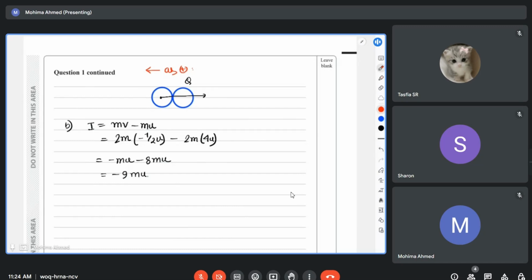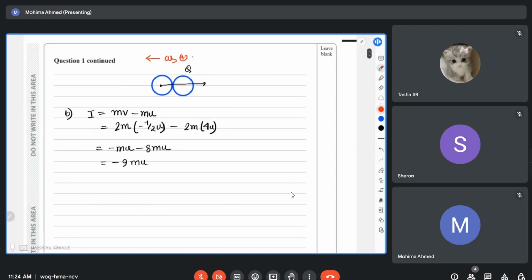Okay, you can keep the negative sign over here, or you can also not write the negative sign. That's totally fine. Or you can also write it down as 9mu kg meter per second towards right. Instead of keeping the negative sign in front, this is also a better option to indicate the direction.